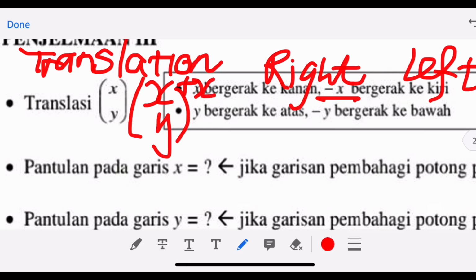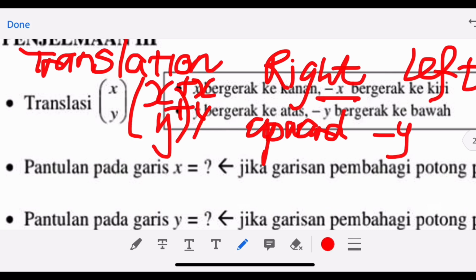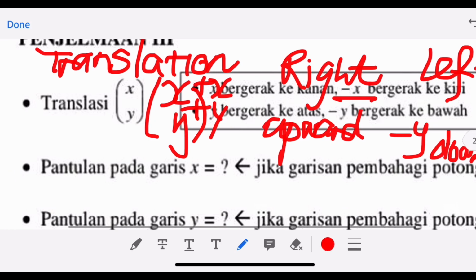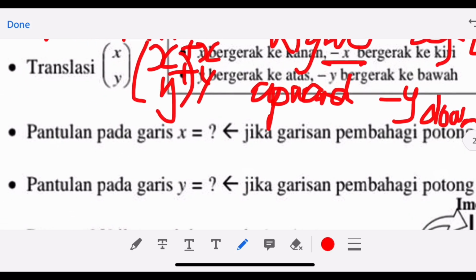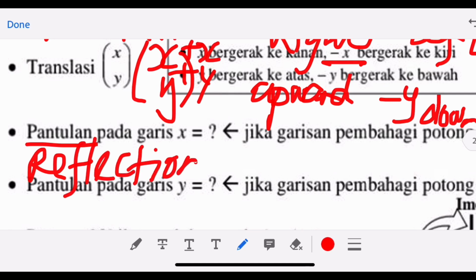For movement upward along the y-axis, we have positive y, and moving downward is negative y value. So when you write the translation, you have to write in a bracket form, the x followed by y in a column.